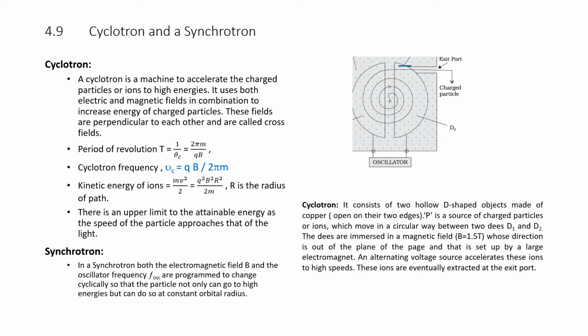Hence, a modified version, the synchrotron, is used, which gives both magnetic and electric oscillator frequency, and these are programmed to change cyclically so that the particle not only can go through high energies but also do so at constant orbital radius.